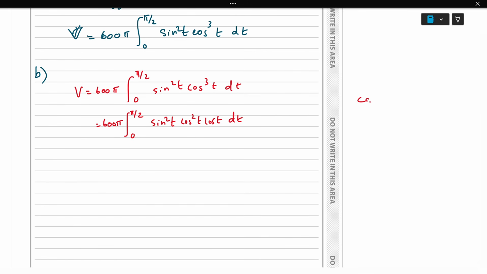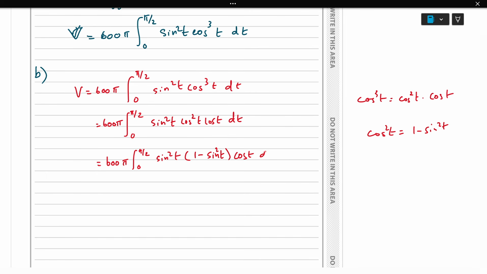And cos squared t we can write as 1 minus sin squared t. So 600 pi integral 0 to pi by 2 of sin squared t into (1 minus sin squared t) into cos t dt.